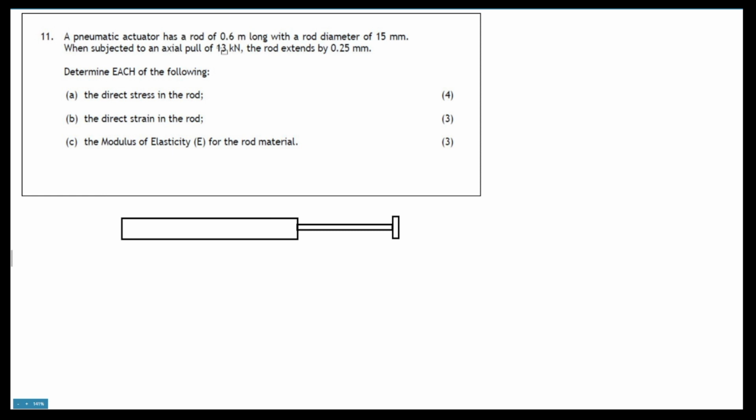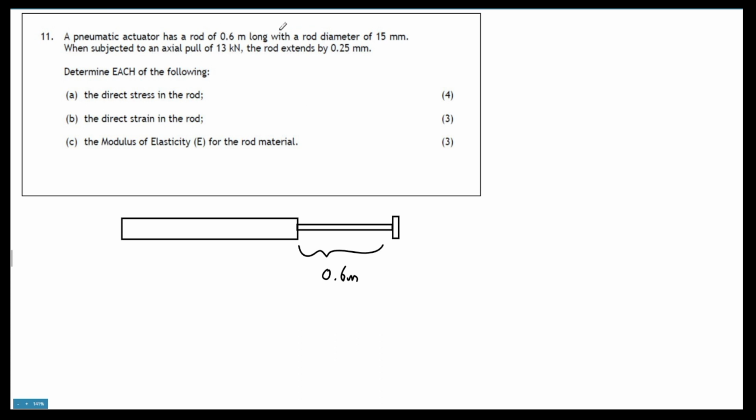And it has a rod that's 0.6 meters long. So let's just say this bit is 0.6 meters. It is solid steel, but it can only handle so much, and then it'll break, and that's what we're going to be calculating, basically, the stress and the strain, and how stretchy the steel is. That's the modulus of elasticity. It's going to be a little bit stretchy.